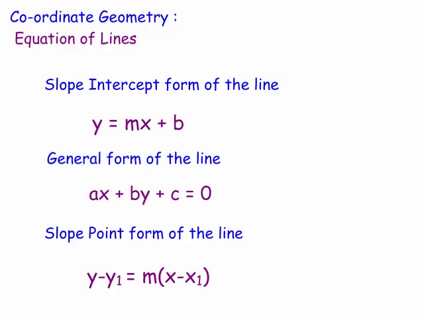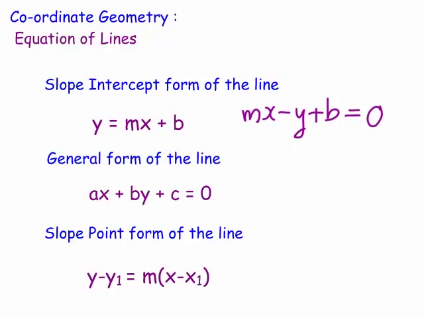if we rearrange y equals mx plus b. So, mx, I'll put the y across, minus y, the b is still on the same side, equals 0. Okay, so that is the y equals mx plus b form in what's called general form.